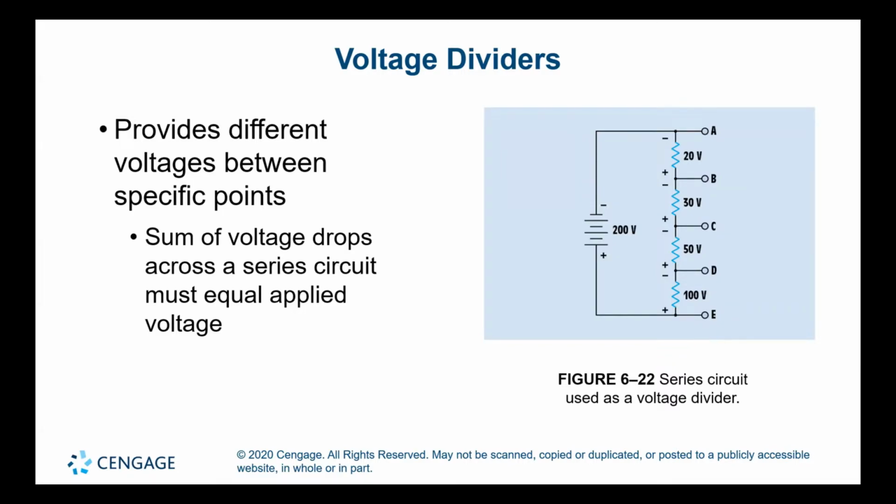Now, one of the important uses also of series circuits is that with a series circuit, we can create what is called a voltage divider. Okay. In this instance, if I have an input voltage of 200 volts and I want to obtain different step voltages throughout the circuit, I can adjust the resistance in the circuit in order to obtain whichever voltage I want to obtain.